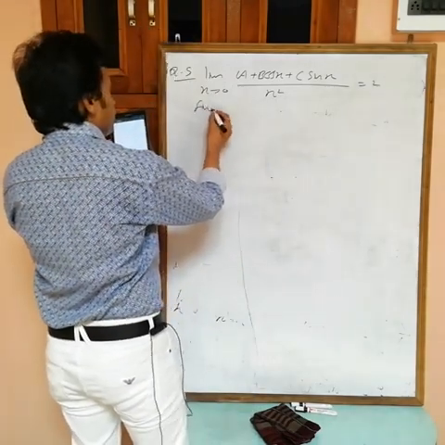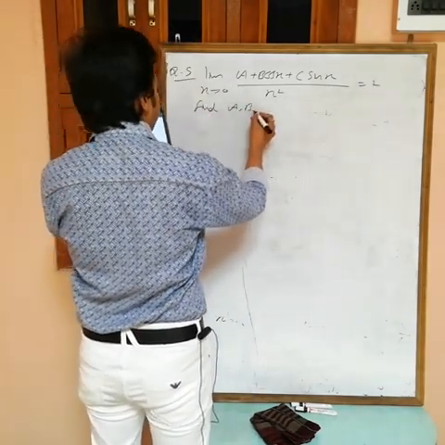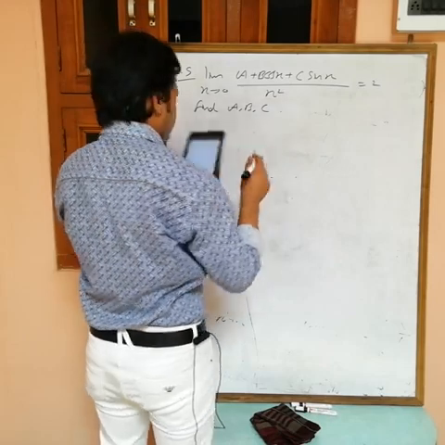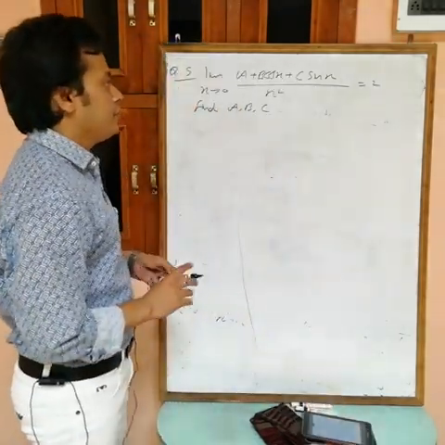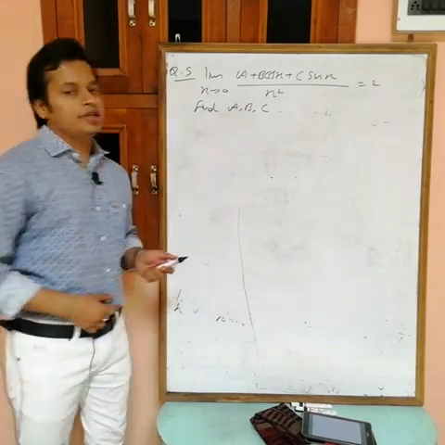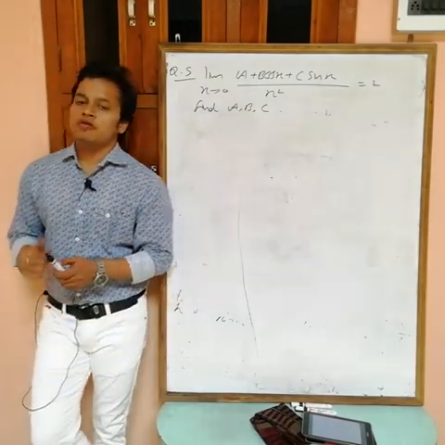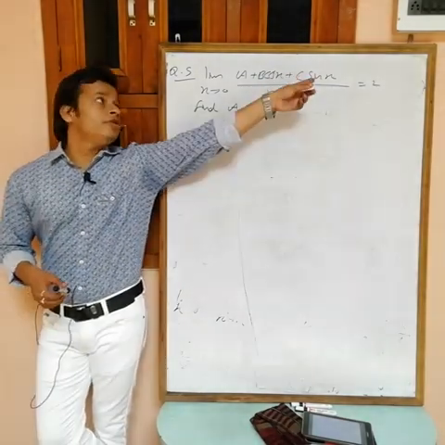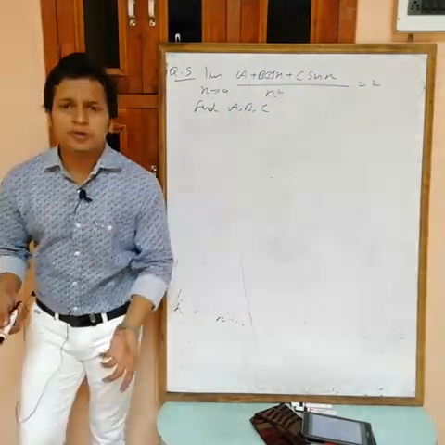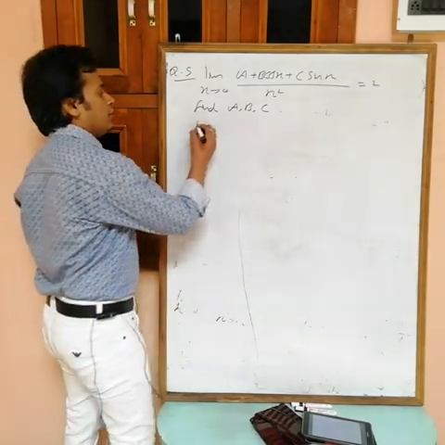Again the same thing, find a, b, c. Now again, if you want constants, check: can you use expansion? Can you write all functions in terms of x? Do you have the expansion of cos x? Yes. Do you have the expansion of sin x? Yes. Then no problem, write down now.